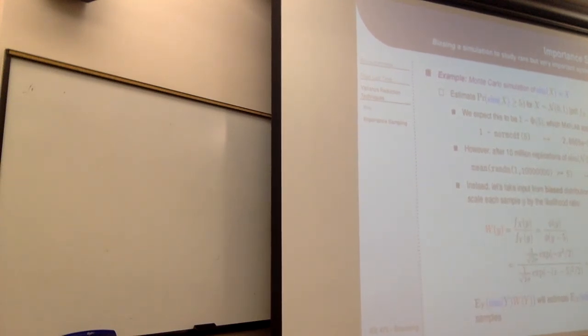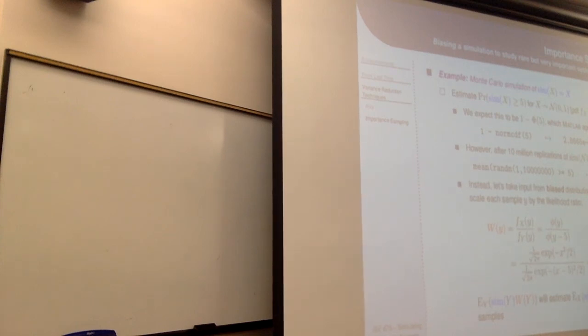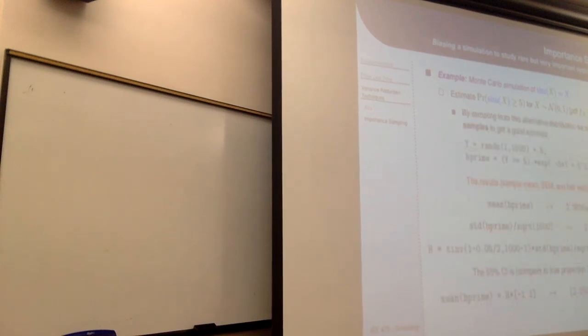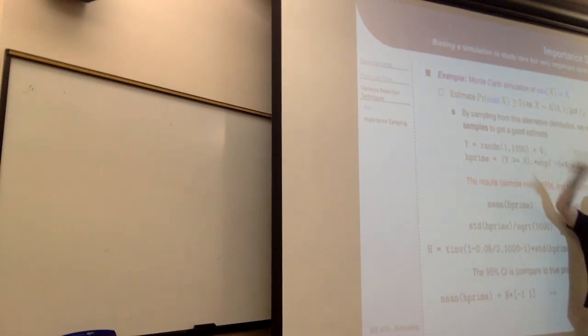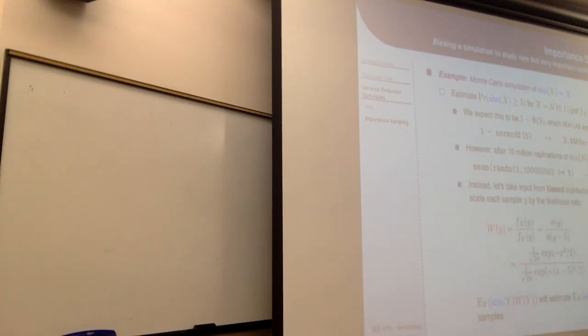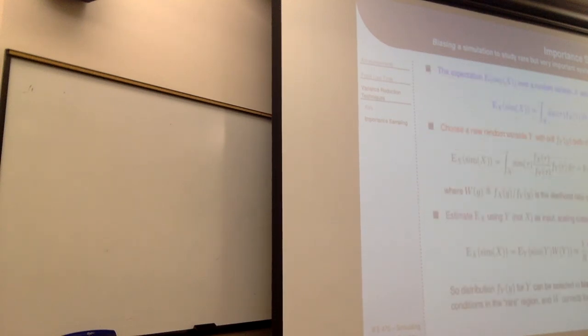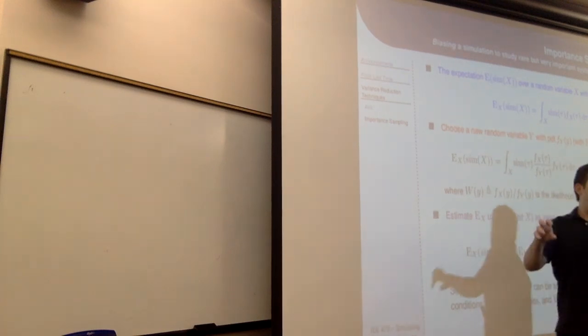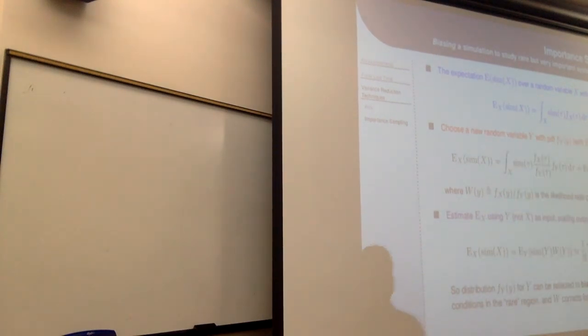So I should be able to use this to create a simulation that has a better result. And that's what I've shown here, that now I'm only generating 1,000 of these. Yeah? Regarding the likelihood ratio, shouldn't it be the other way around? Because it's kind of like you're analyzing out of how many normal situations, how many abnormal ones would you have? Well, likelihood ratio is just something we generally use to talk about anytime you have a ratio of two probability density functions.